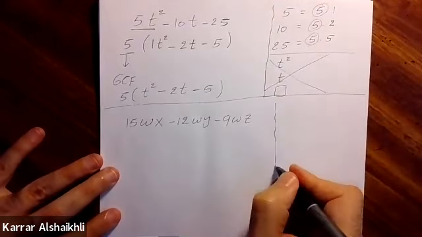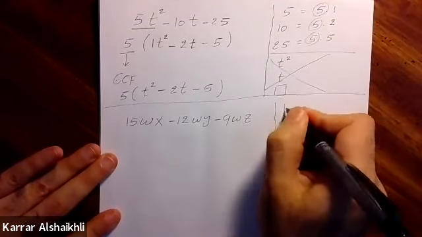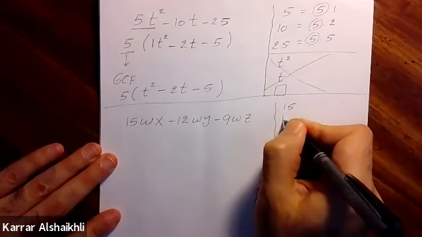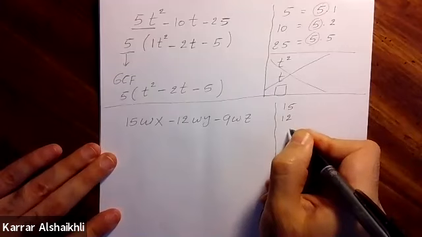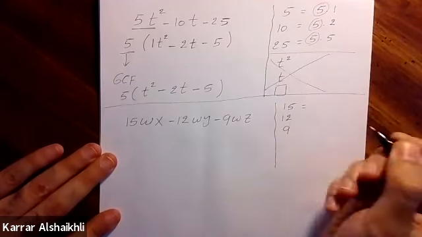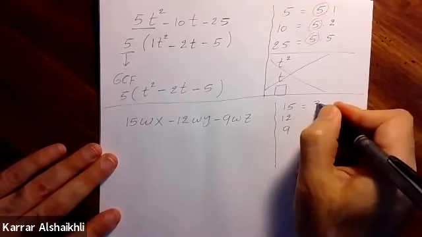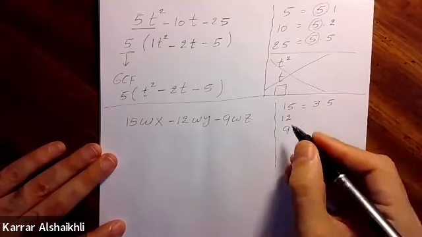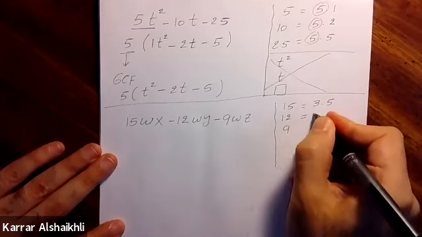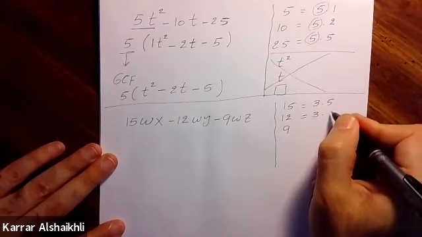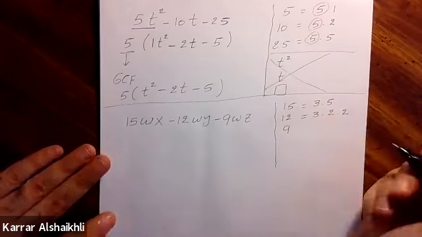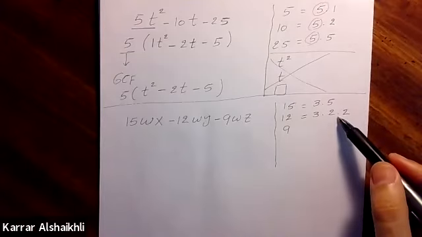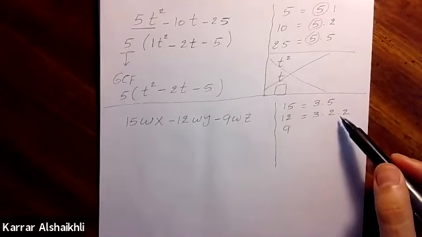So I'm going to start with numbers. I'm going to write down the 15, the 12, and the 9. 15 is a 3 times 5. 12 is a 3 times 2 times 2, because 3 times 4 is going to be 12.